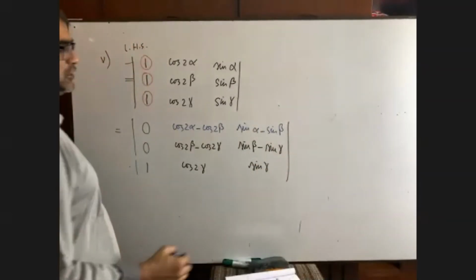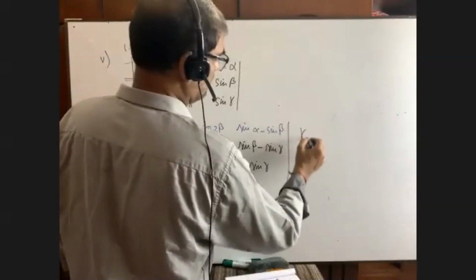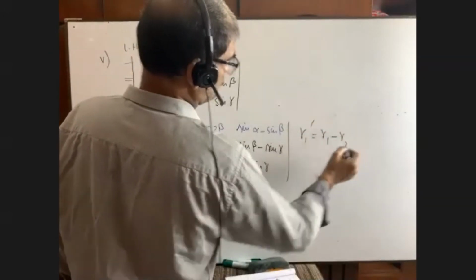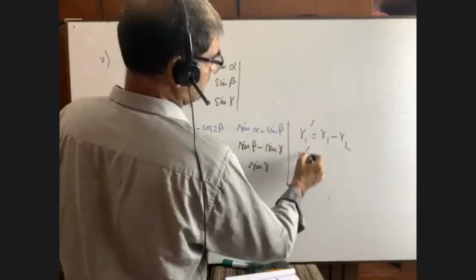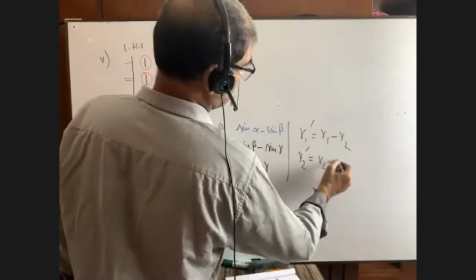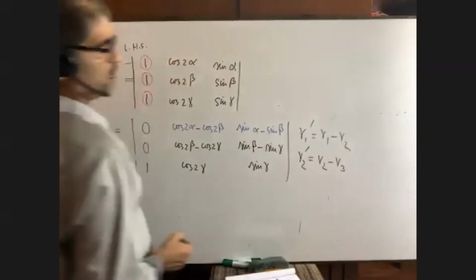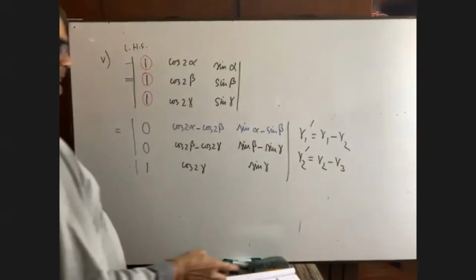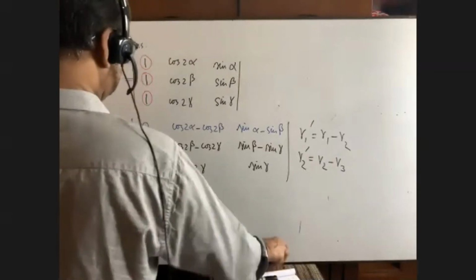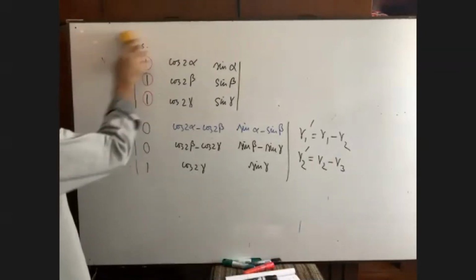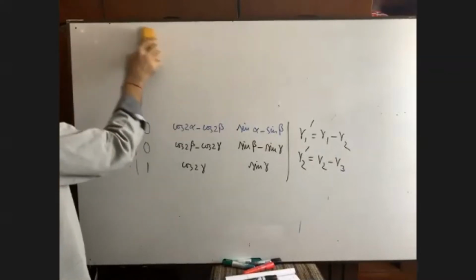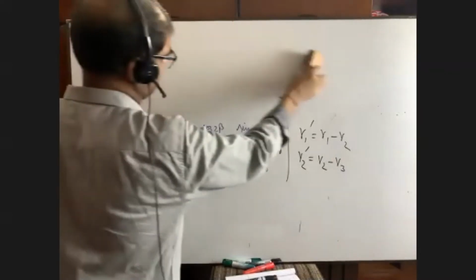What operation have we done here? Row 1 is equal to row 1 minus row 2, and row 2 is equal to row 2 minus row 3. I have just maintained the subtracting rule from row to row. Nothing else I have done here.